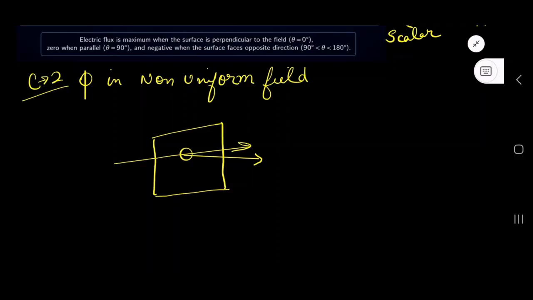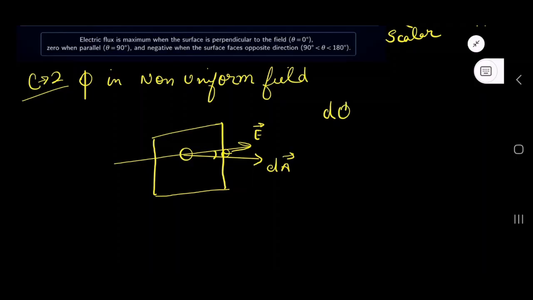So from that area element we'll say that it will be small dA vector, and the angle between E and A, so this is any of the electric field lines which is crossing the plane. Okay, so it will be having some angle theta. Okay, so d phi we have to calculate. So d phi will be for this small element.